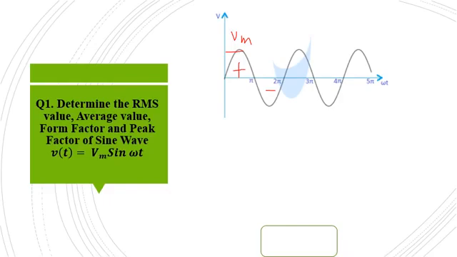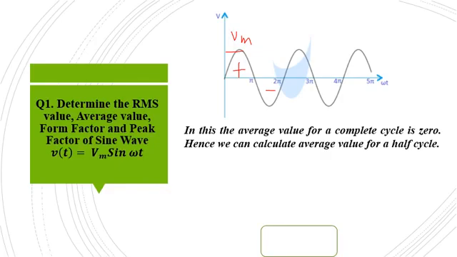So the total area will be the area under the positive half cycle plus the area under the negative half cycle. That is equal to 0 since the positive half cycle is symmetrical to the negative half cycle. That is, the average value for a complete cycle is 0.